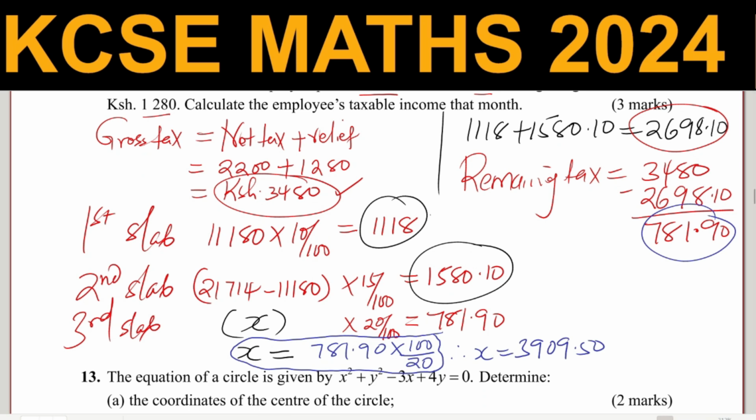So that is the amount. So we got it. So the amount here will be 3909 and 50 cents. So that was the income that was taxed in that slab in order to give that tax of 781 and 90 cents. Now, after doing that, we need to get the total.